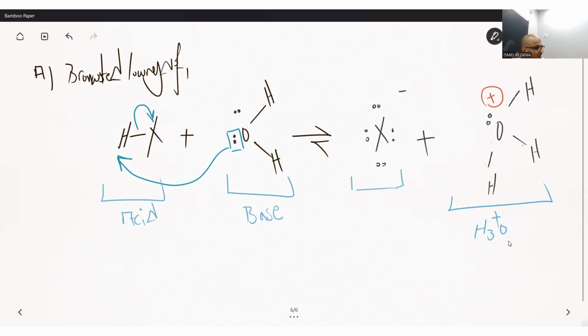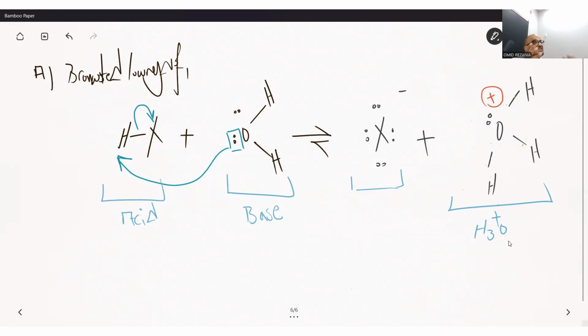You're going to see in the coming weeks that oxygen cannot have a positive charge, because a positive charge on oxygen shows electron deficiency, and that's not acceptable because oxygen is very electronegative and cannot be electron deficient. As a result, it's going to kick out the hydrogen, and the hydrogen is going to be taken by the X ion. Then the thing becomes reversed.